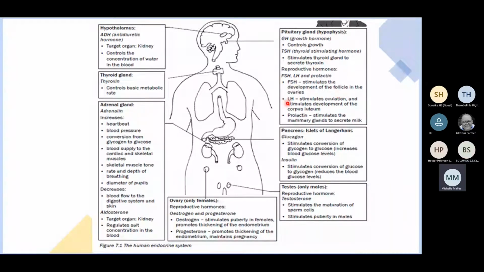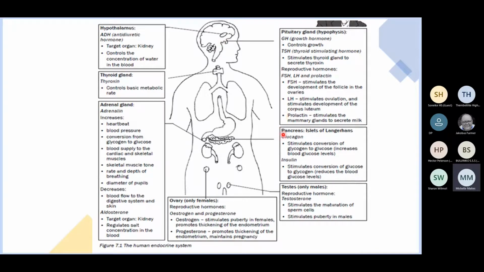LH stimulates ovulation and the development of the corpus luteum. Prolactin stimulates the mammary glands to secrete milk. That's the pituitary gland. You need to know which gland and which hormones it secretes with their functions.